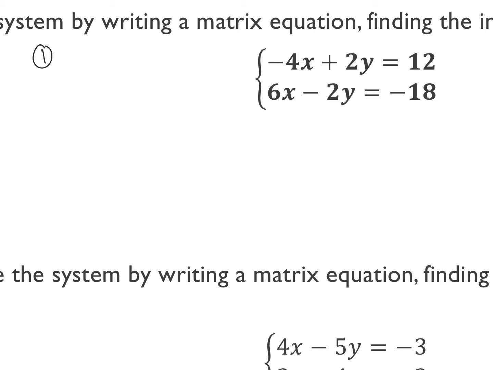So we know we want matrix A, our coefficient matrix, times our variables vertically, x, y. It will equal the 12 and the negative 18.